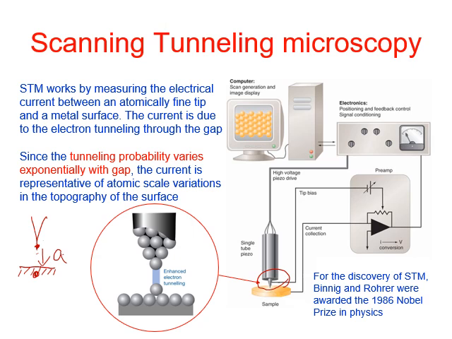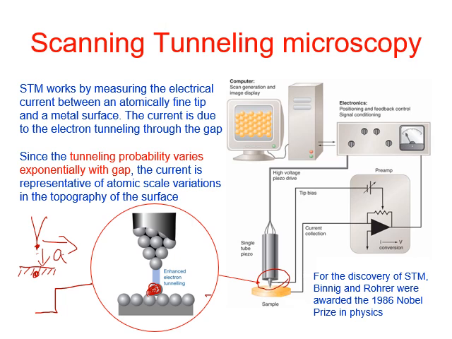So when we scan along the surface, for example, if there's a bump here, then the gap suddenly becomes smaller, and that will give you a large current jump. So you see a current jump, and this is because you have a bump here.